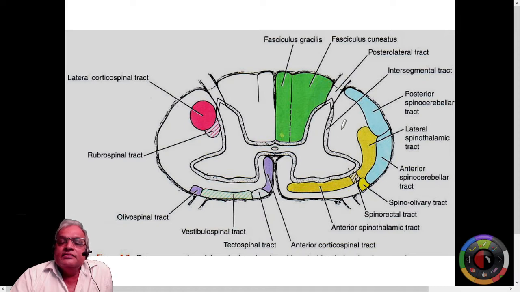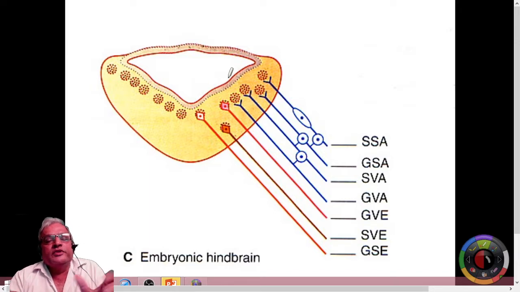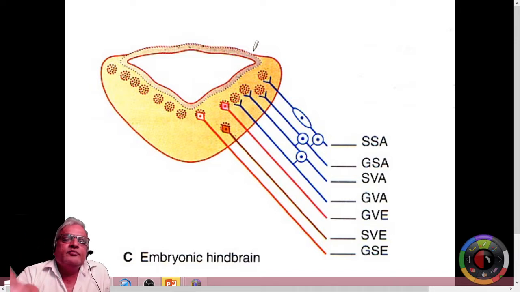Now, in addition to that, when you reach the medulla, what happens? You find that the upper part of the medulla just opens out. See, this lip and this lip, which should have been in the midline over here, just open out, and then the inferior medullary velum will bridge this gap over here, right?